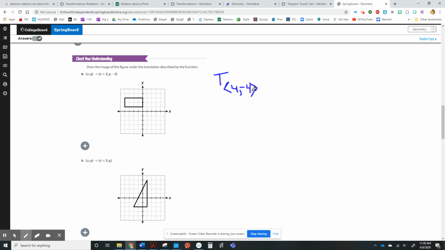I want you to be okay with that notation. So if you did this, that means you move everything 4 places to the right and 4 places down.